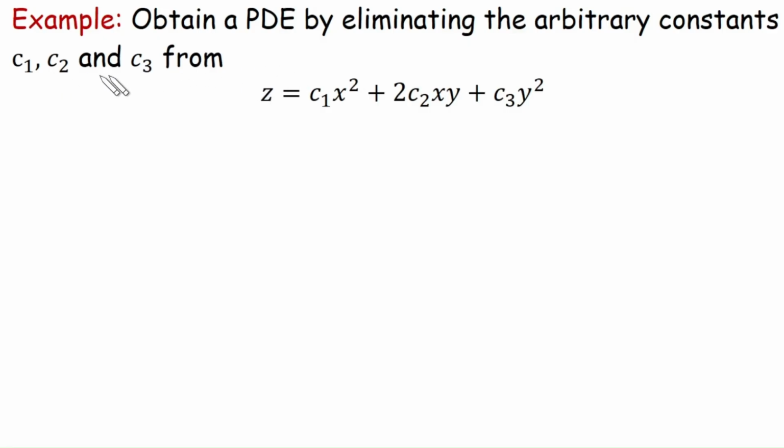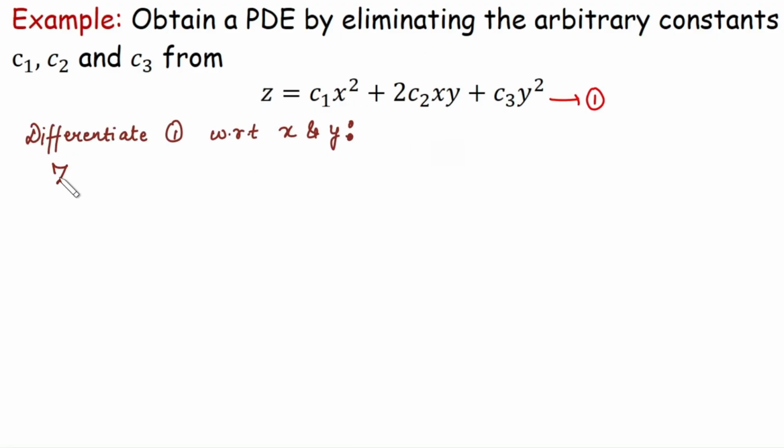Here we need to eliminate these three constants. So we have this relation. Again, the rule is the same. Differentiate this equation with respect to x and y, because the independent variables here are x and y, and z is dependent. So what is the first order derivative of z with respect to x?